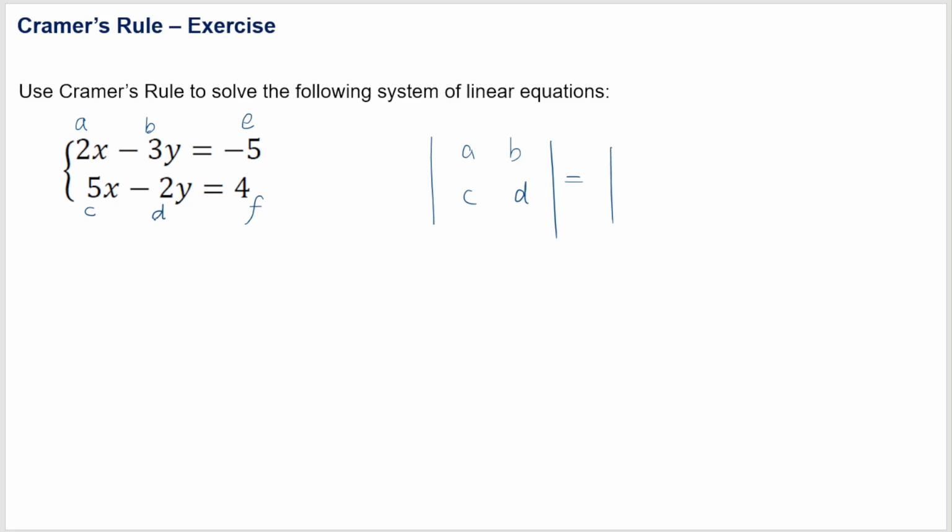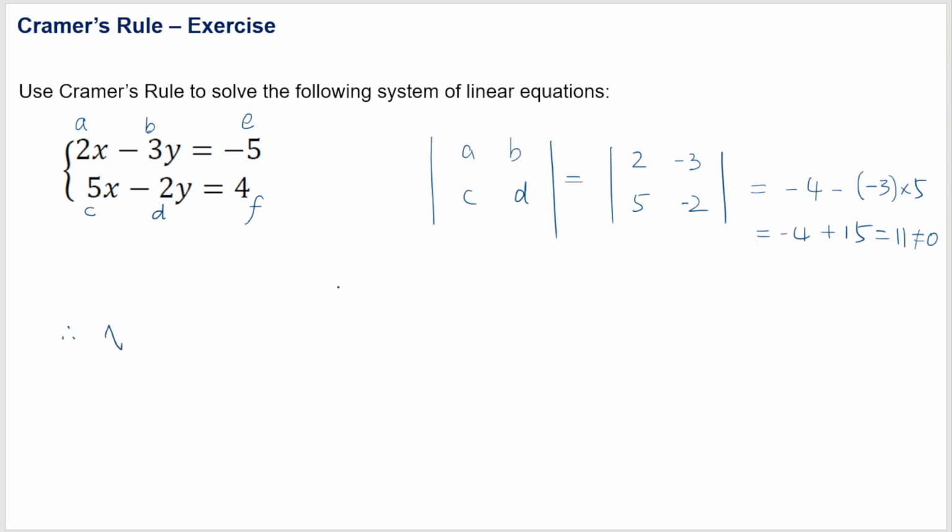The determinant is 2, -3, 5, and -2, which gives us -4 minus -3 times 5, which is -4 plus 15, which gives us 11. Therefore, this determinant is not 0, so we can apply Cramer's rule.